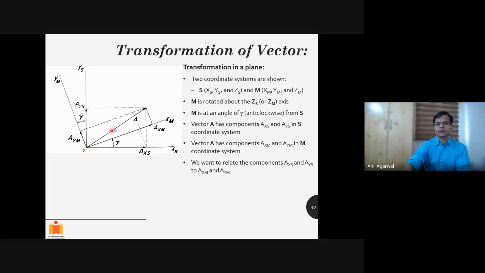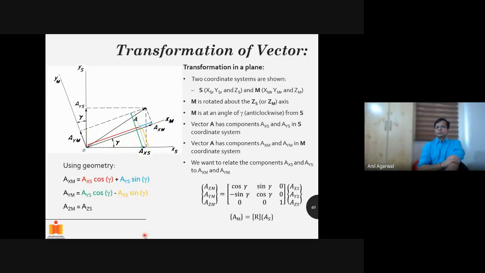This is vector A, which is defined as AXS, AYS, or also defined as AXM and AYM. Fine. So all I want to know is how to find the AXM value by using AXS, AYS, and gamma, and how to find the value of AYM again by using AXS, AYS, and gamma.